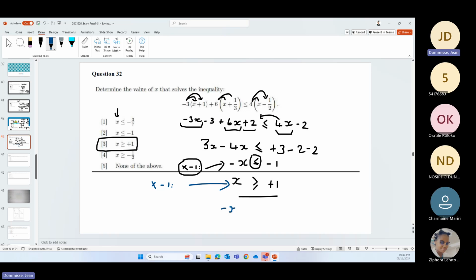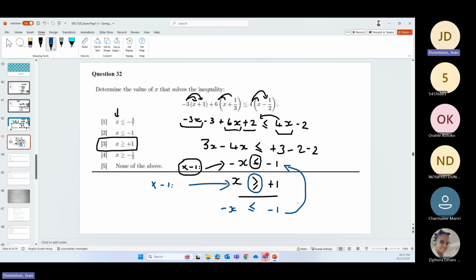We will say -1 times +1, that's -1. Then because we're multiplying by a negative, we need to swap this around, and so then we go back to that answer.